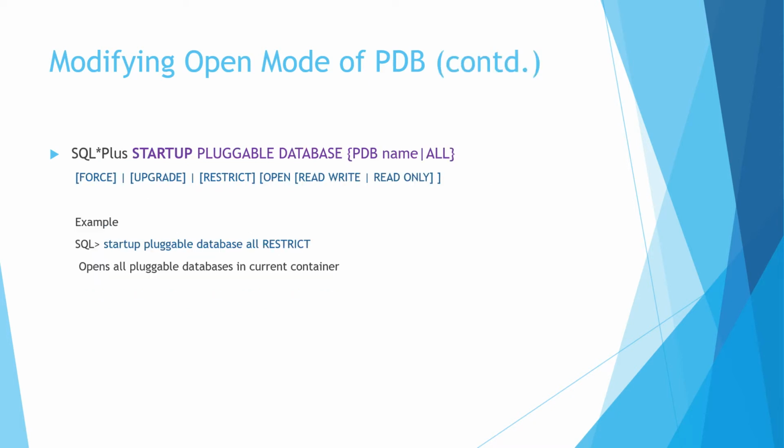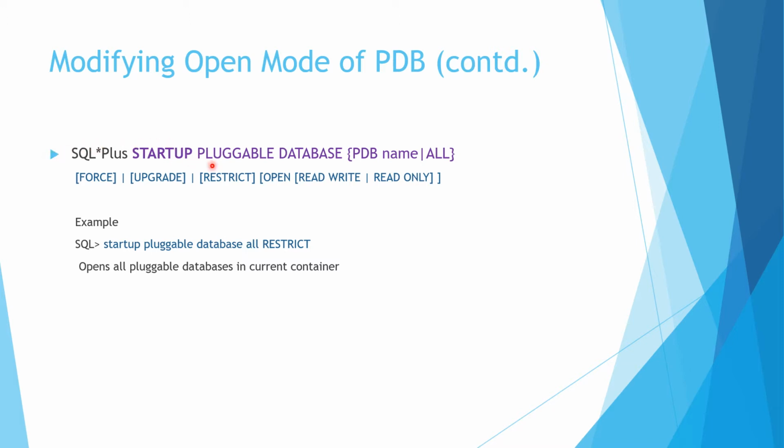Modifying the open mode of a PDB. The open mode of a pluggable database can also be modified with the SQL*Plus startup command. The database can be opened in various modes such as force, upgrade, restrict, read-write, and read-only. As can be seen in the example, startup pluggable database all restrict opens all pluggable databases in the current container.